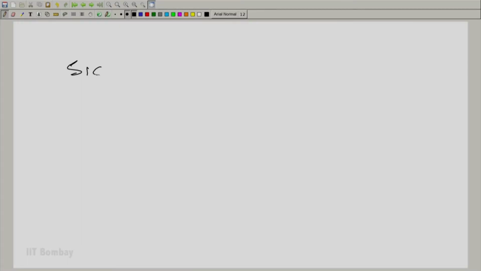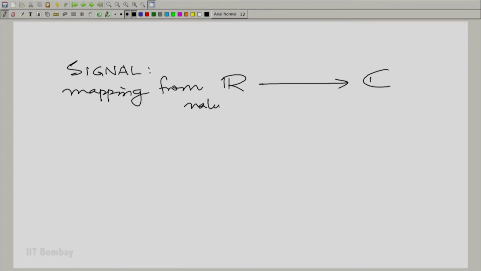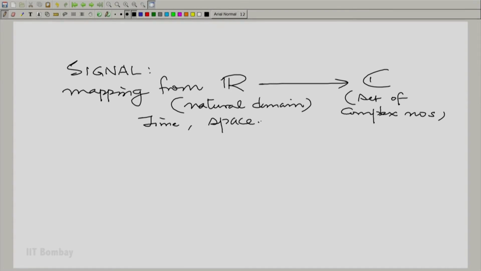Let us write this down. We should now get this whole thing clear, because we must see the transform in a slightly more philosophical and more generalized sense. So, a signal is a mapping from the reals to complex numbers. So, essentially the natural domain to the set of complex numbers. Now, of course, this could be time or it could be space or whatever you like.